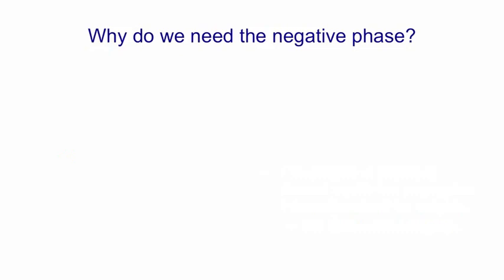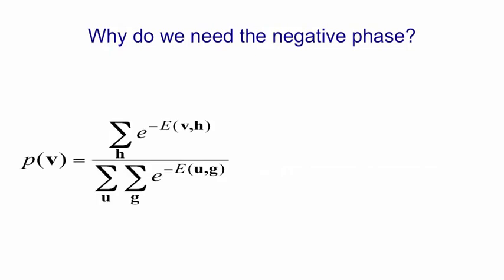Another question you could ask is, what's that negative phase for? I've already said it's like the unlearning we do in a Hopfield net to get rid of spurious minima, but let's look at it in more detail. The equation for the probability of a visible vector is the sum over all hidden vectors of e to the minus the energy of that visible and hidden vector together, normalized by the same quantity summed over all visible vectors.